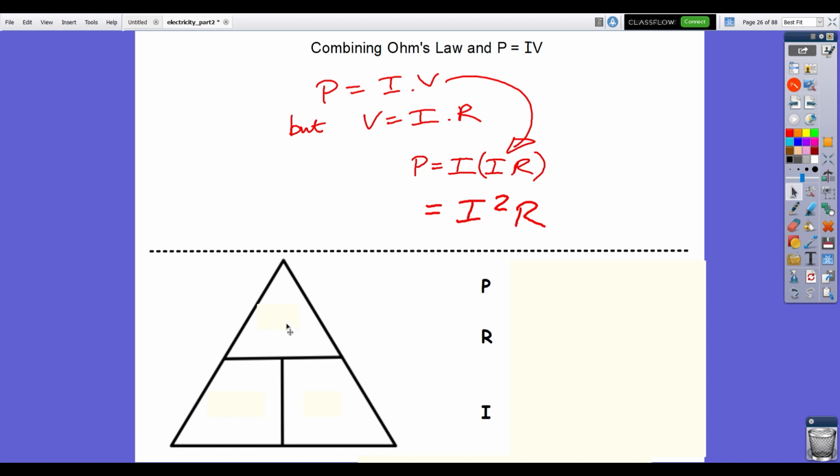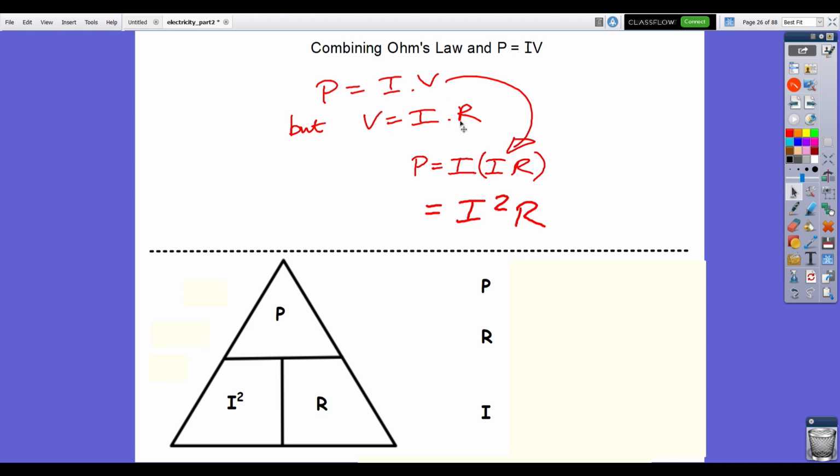So P, I squared and R is our triangle here. Everything means the same. P is still power, measured in watts. I is still current, measured in amps. R is still resistance, measured in ohms.